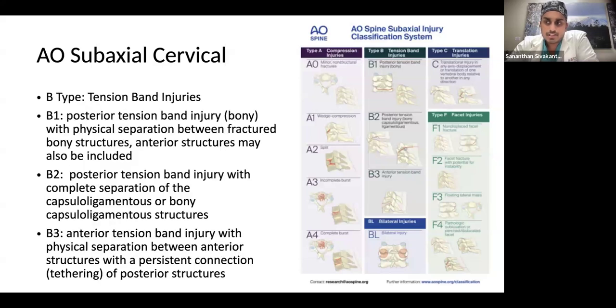Type B injuries are tension band injuries, where B1 involves just the bony tension band, so a pure osseous fracture with physical separation of the bony structures. B2 injuries are posterior tension band injuries, where there's either capsule ligamentous or bony capsule ligamentous injury, versus B3 injuries, which are anterior tension band injuries with physical separation of the anterior structures with an intact posterior band.